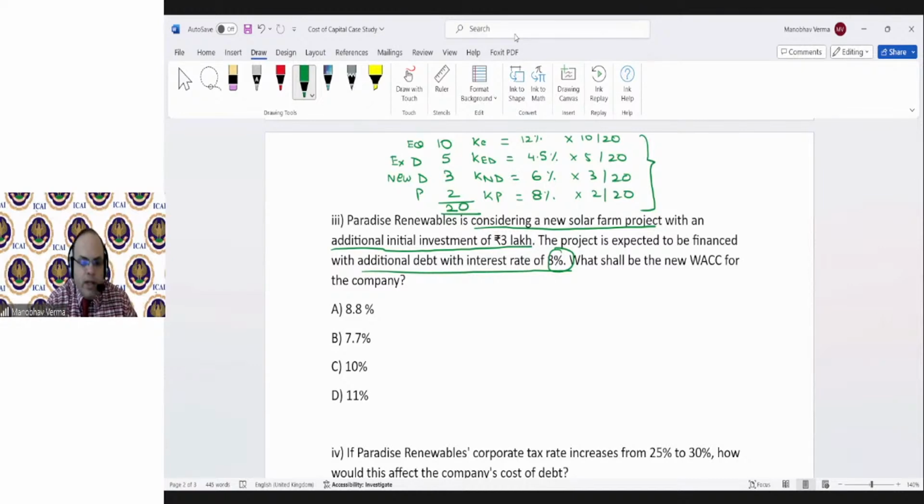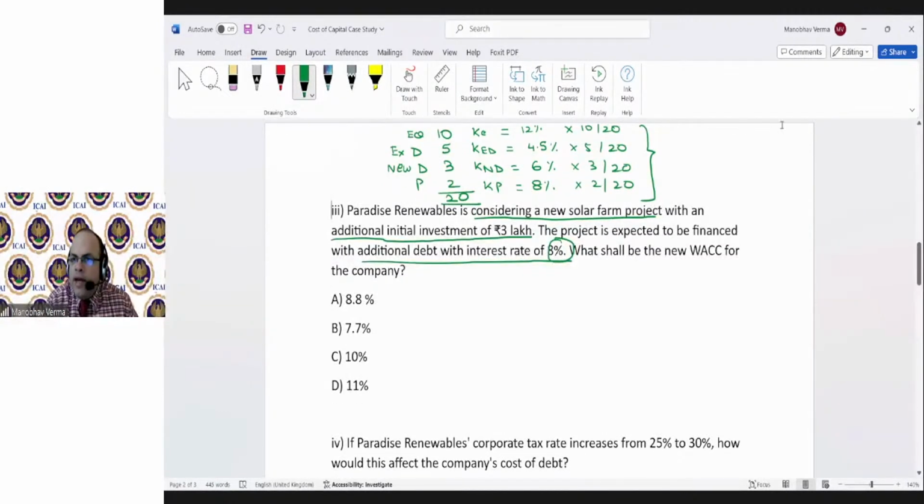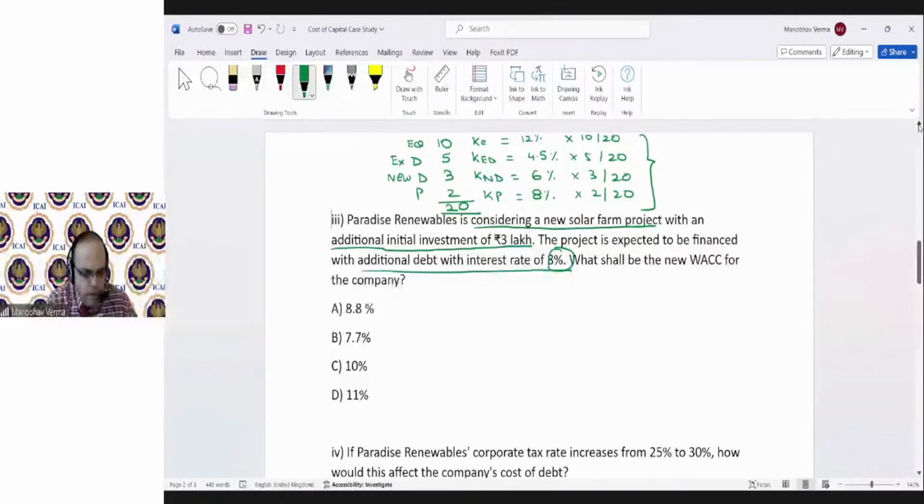Based on the working we have done. Are we saying everyone unanimously giving me an answer as 8.8%? That is option number A. I would like to wait for more people here.